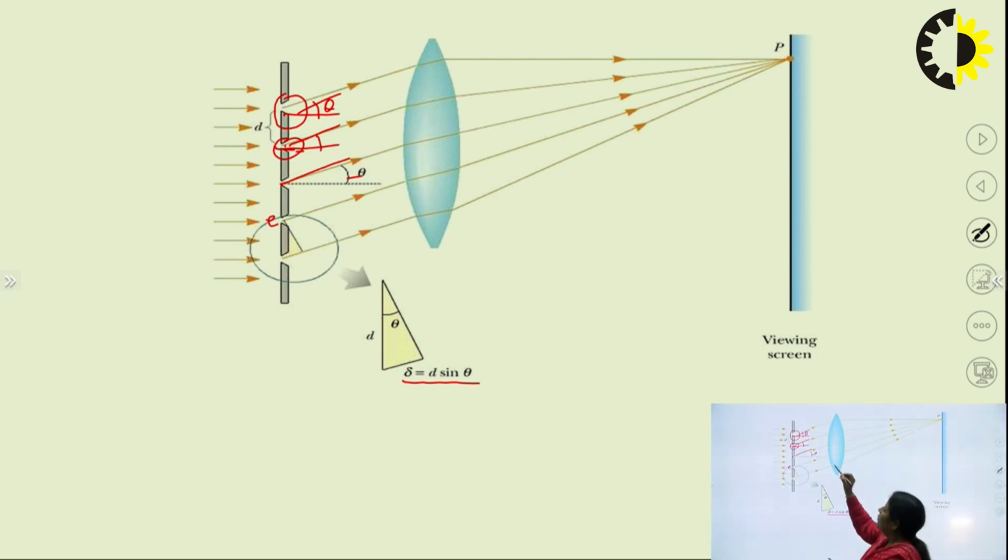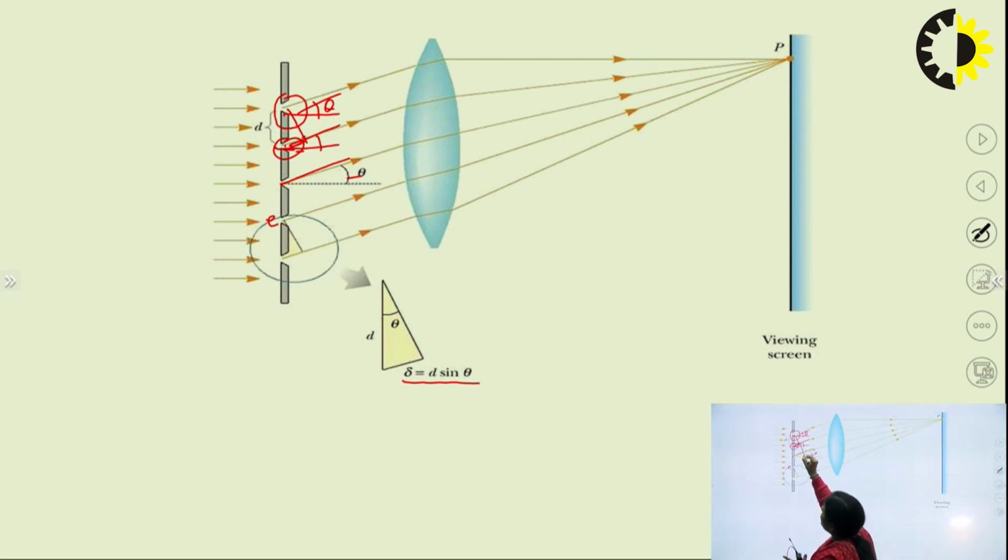So if we look at this second slit, what is the difference between the beams coming out from the first slit and the second slit? The difference is this part here. I am dropping a perpendicular from the first beam to the second beam, and you can see this part.